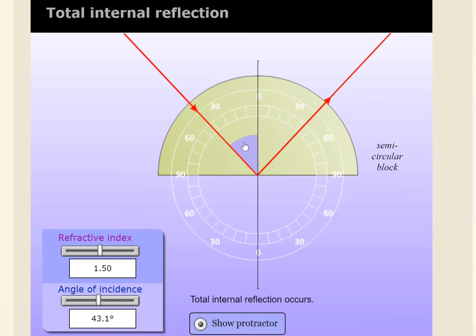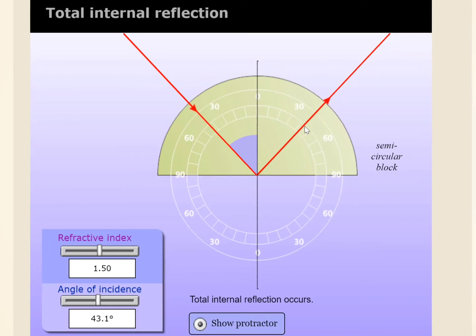We just call it the incident angle only. But this happens: the refracted ray is reflected back. This phenomenon is called total internal reflection.